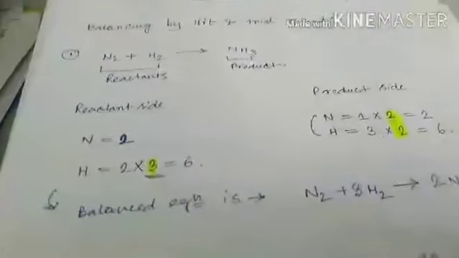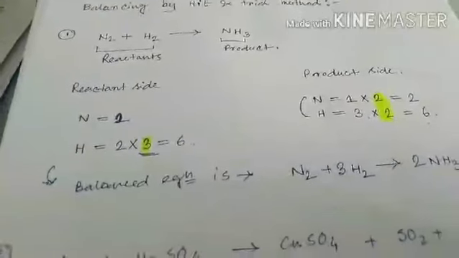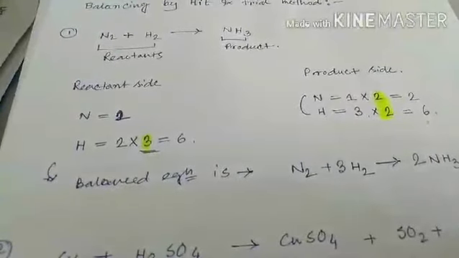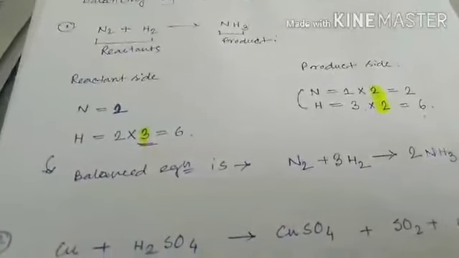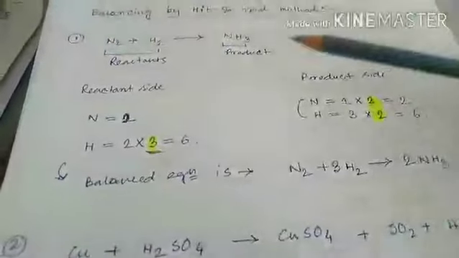Okay, so the number of elements of nitrogen as well as hydrogen in both the reactant side and the product side is equal, so the balanced equation is N2 plus 3H2.